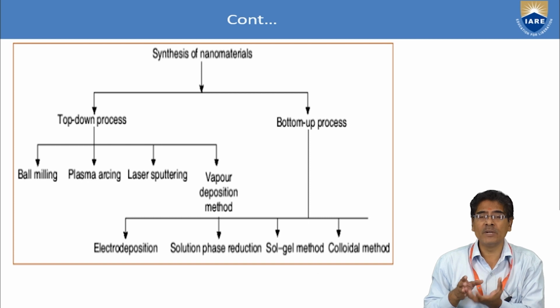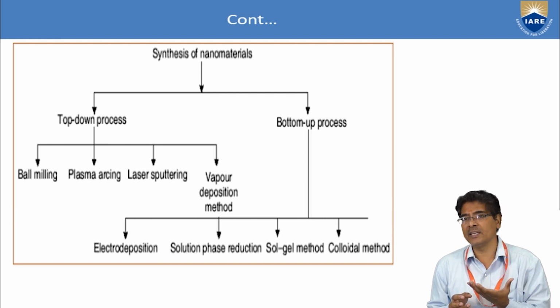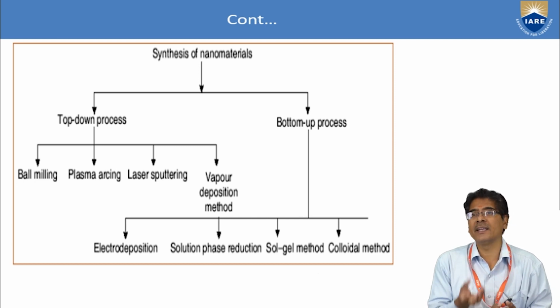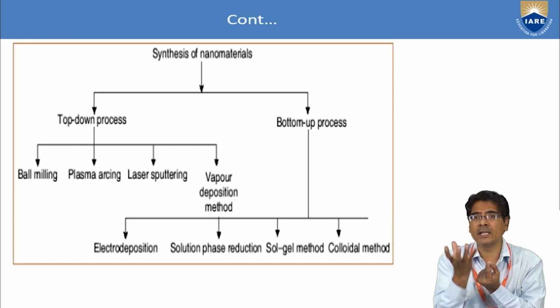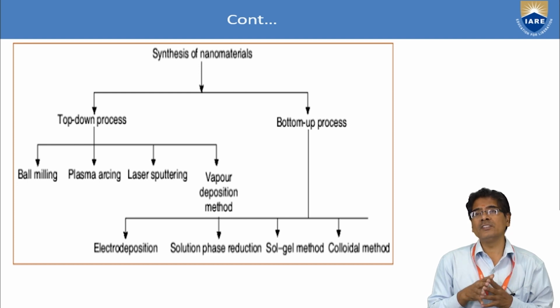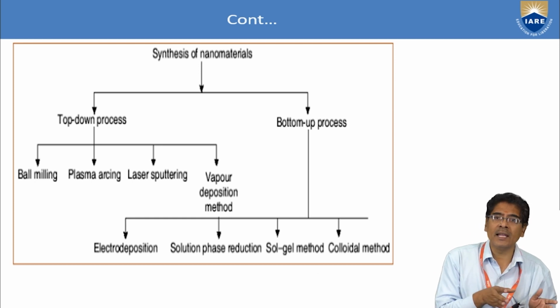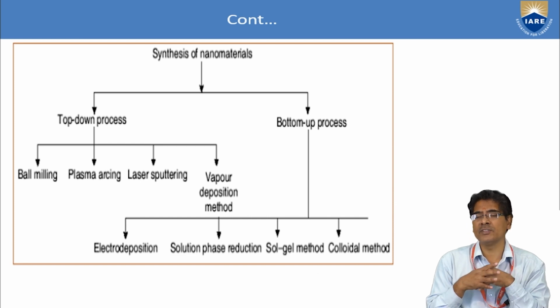That is what sputtering is. And the other is the vapor deposition method, where vapor particles of the solid material, of the metal, get deposited. That is what we call the vapor deposition method. This can be of two types: the physical vapor deposition method and the chemical vapor deposition method. We'll see that in detail in the coming future lectures.